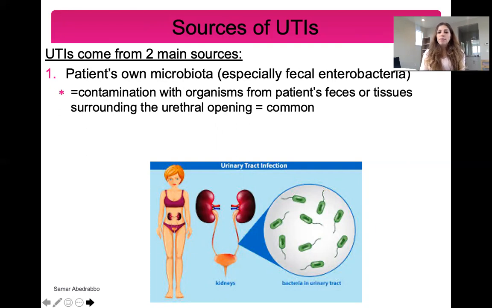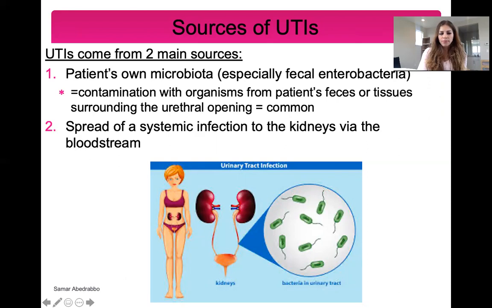So if a patient's feces or tissues surrounding the urethral opening have organisms in them and they get into the urethra, then you can get a UTI. So that's the patient's own microbiota. That's why hygiene is super important with UTI. If someone makes sure that they're hygienic, they're clean, this is one way to avoid UTIs.